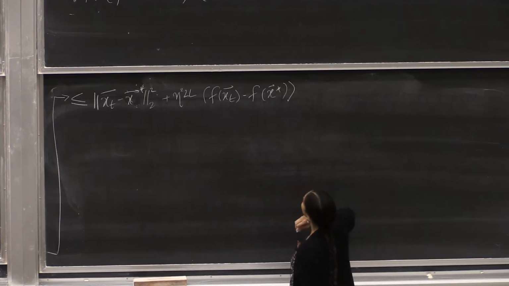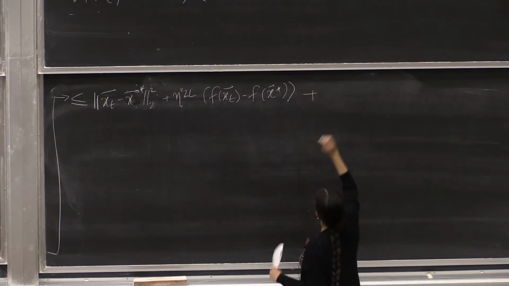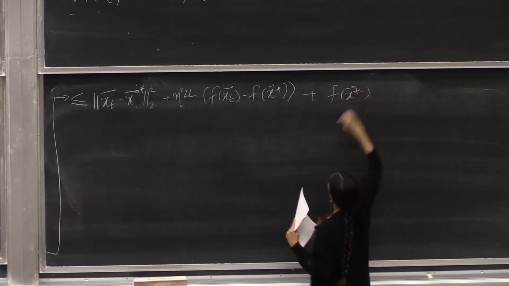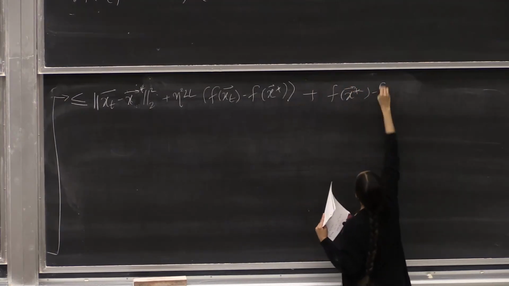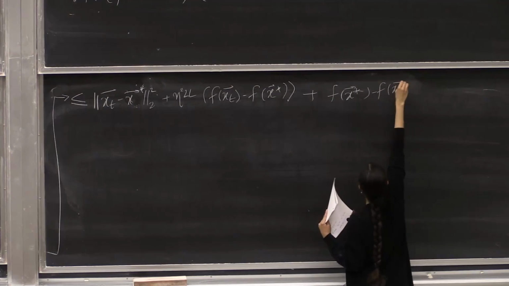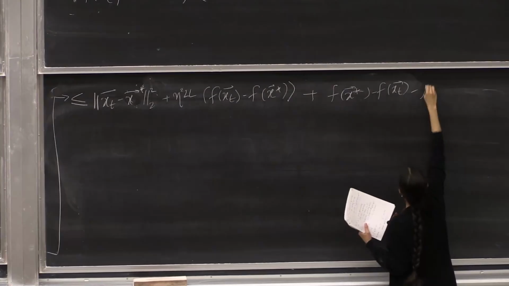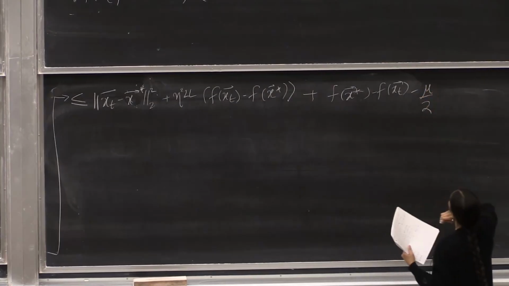And then now I can replace this with plus f of x star minus f of xt minus mu over 2.